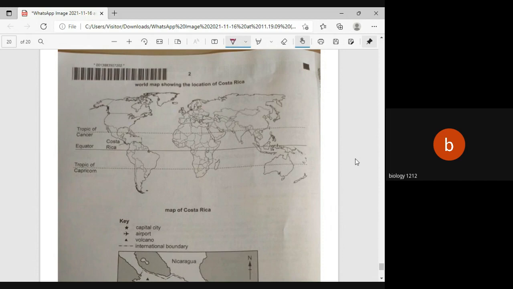It's an EVM paper, and the paper code is 22.